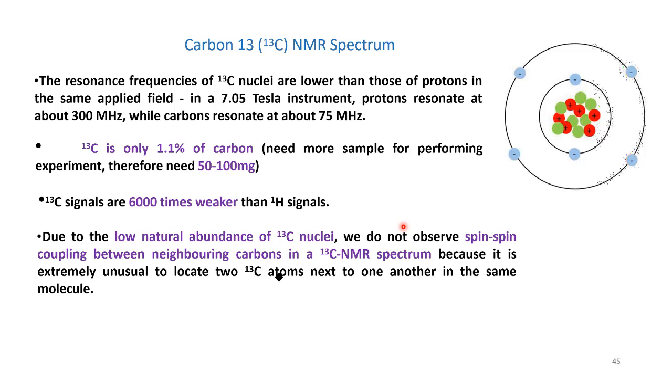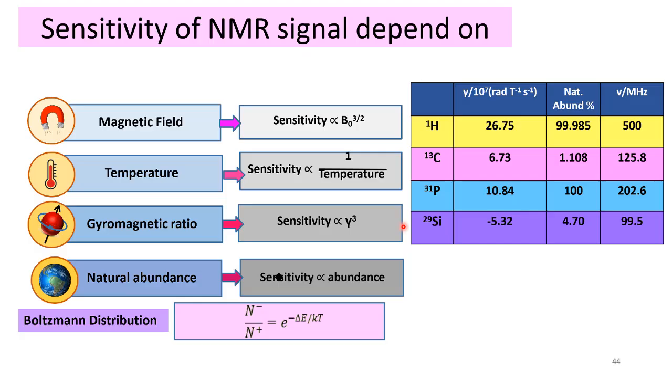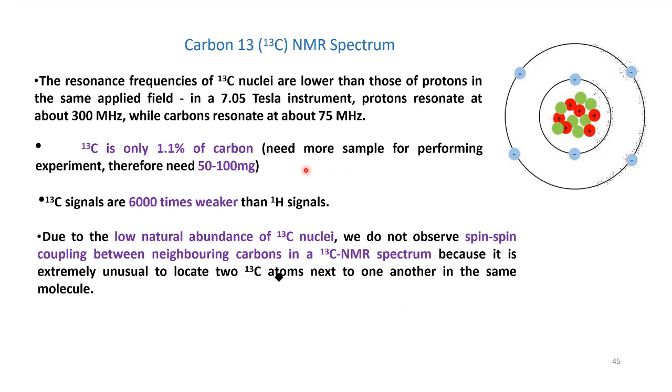For a carbon 13 spectrum, as I told, the abundance also matters. For carbon, the abundance is only 1.1%. That's why we need more quantity of sample. 50 to 100 mg of sample is required in the case of carbon, and the signal is also very weak. It is 6,000 times weaker than the proton signal.